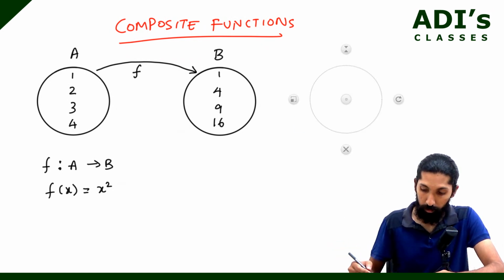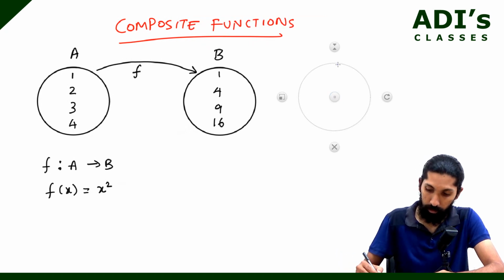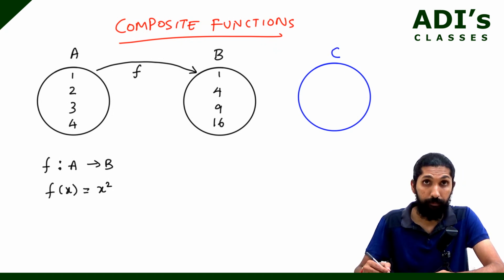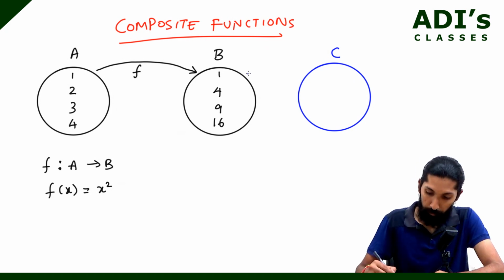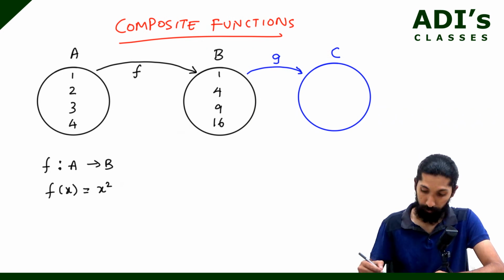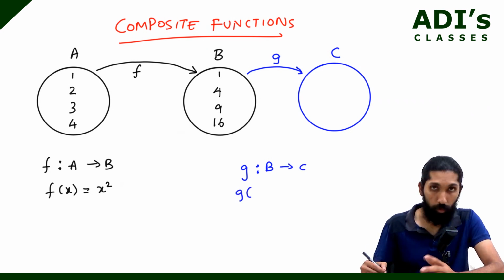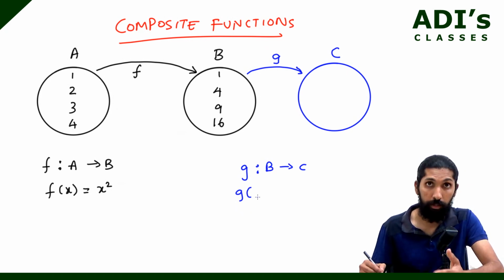Now we'll take one more set here, and let's say this is set C. Next, from B to C, I define a function g. So g is from B to C, such that g of x, or g of y, whatever.